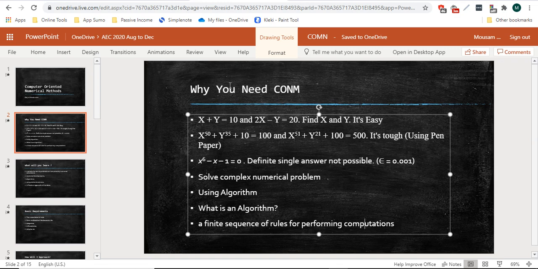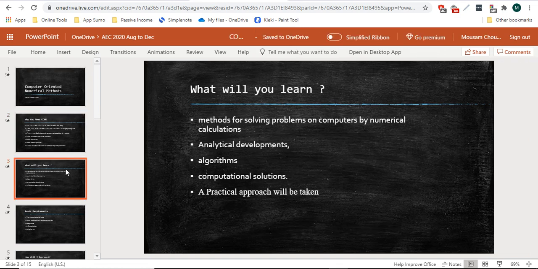Now, what will you learn from this particular course? You will learn the methods of solving problems with the help of computers. This course was basically designed to use the C programming language to develop the codes and solve them. But if you're comfortable with it, you can use Python also.